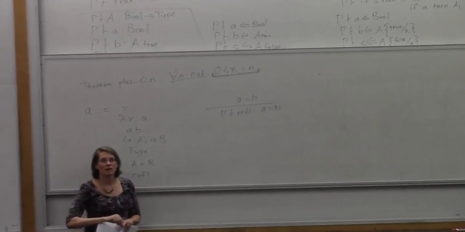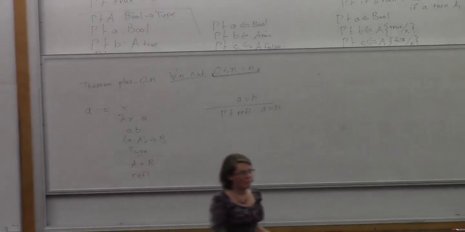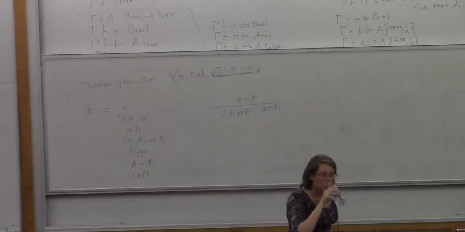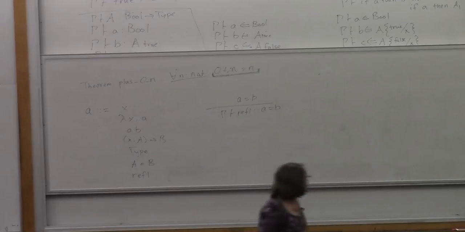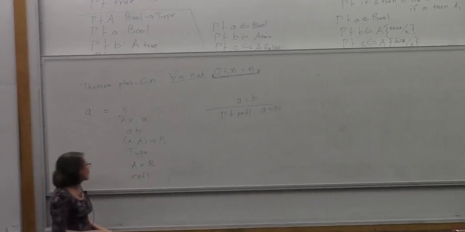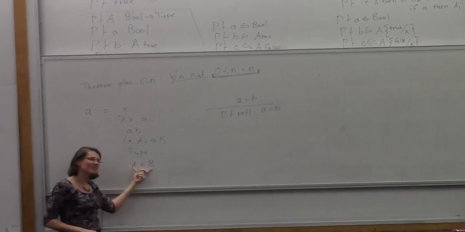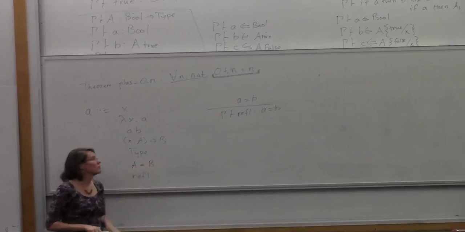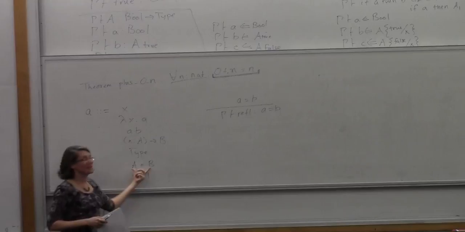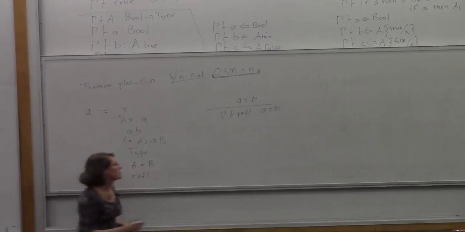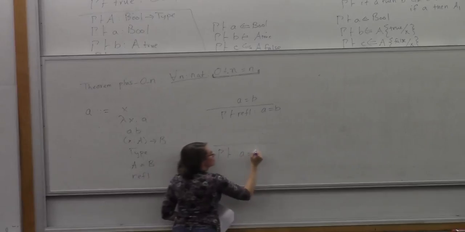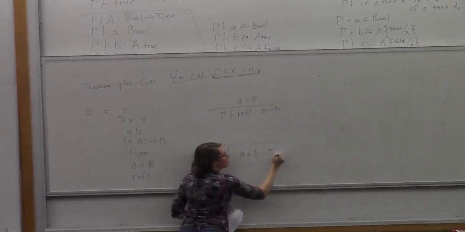Parameterized by the types of A and B? We just have one equality type? I'm jumping ahead. I didn't tell you how the equality type is parameterized by the types of A and B. I'm just not writing it down. Yeah. So let me actually write that down and show you the rule that shows when A equals B is a type.